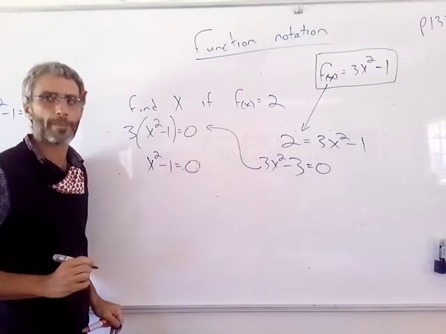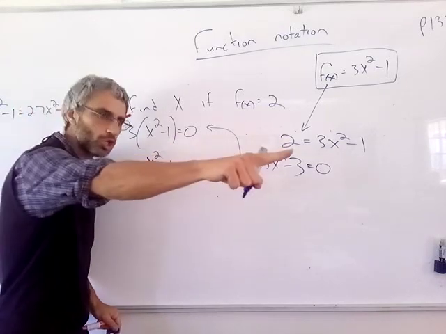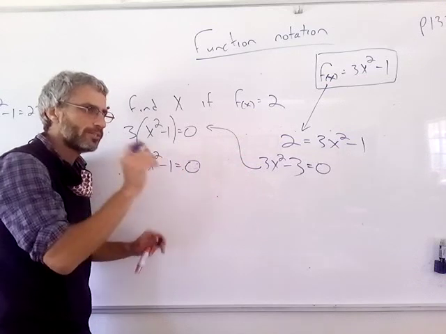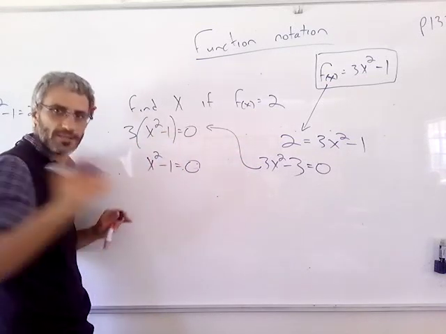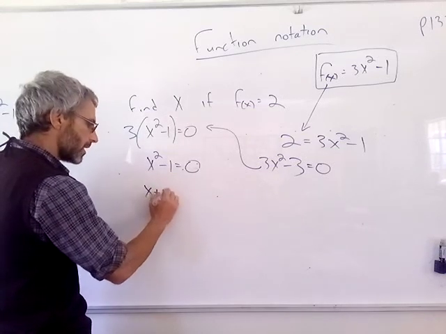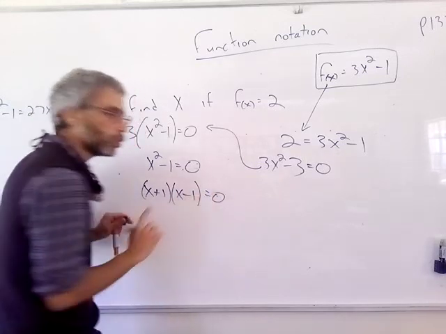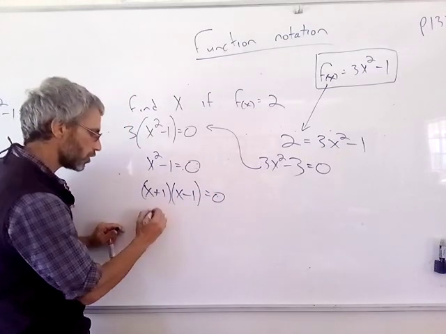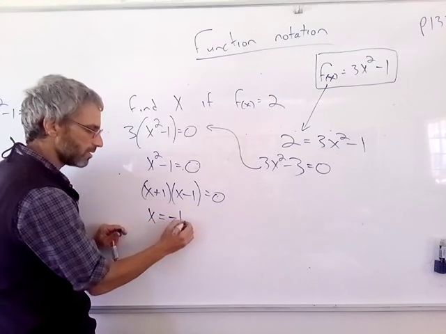How do we solve that? Difference of squares. Yes. Now you could do what you said. We could add the 1 there, but there is a risk. I really recommend factorizing. And this is the difference of squares. How are we going to factorize it? (x plus 1) times (x minus 1) equals 0. Now we have two solutions. The first solution is x equals negative 1, and the other one? x equals plus 1.